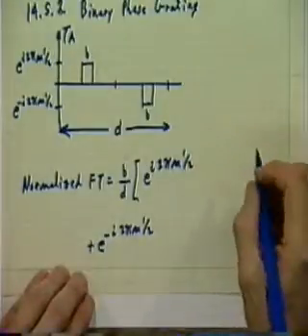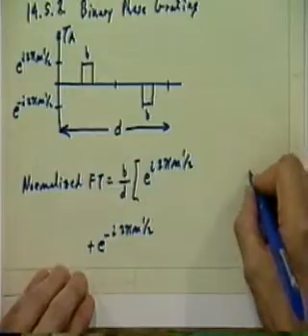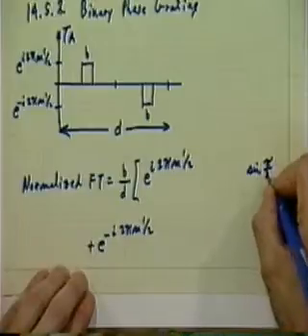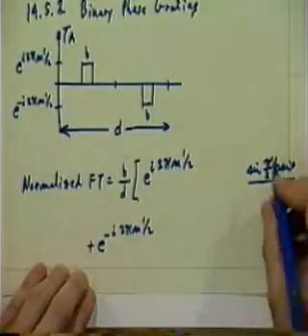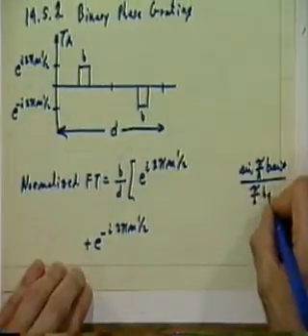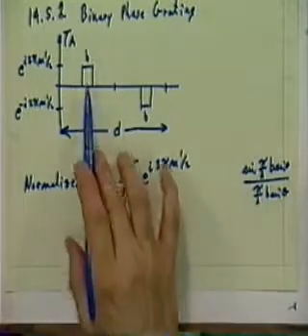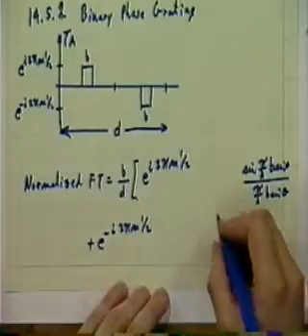And I know that I'm going to get a sine of pi over lambda, b sine theta, divided by pi over lambda, b sine theta. So that's our sinc function coming from the width of this slit. I'm going to get a similar thing down here.